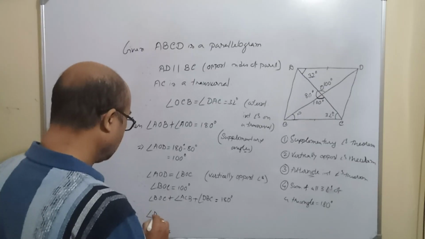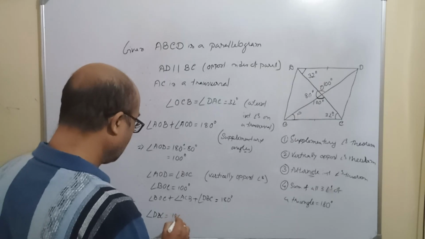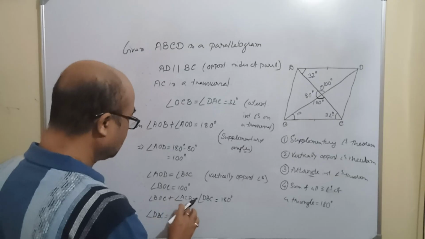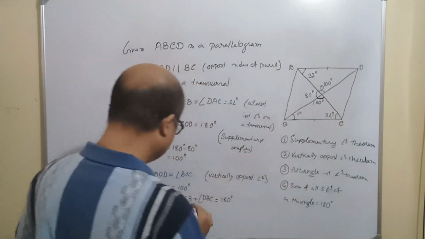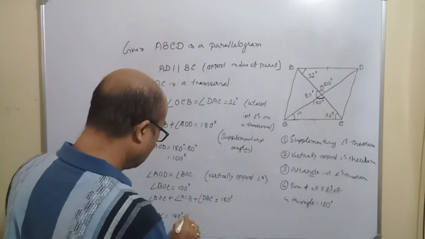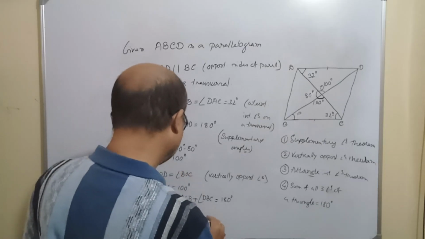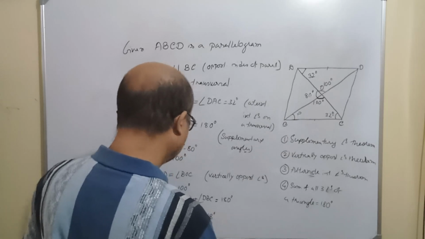Hence, DBC is 180 degrees minus the sum of BOC and ACB, this one plus this one, that is 132 degrees, which is equal to 48 degrees.